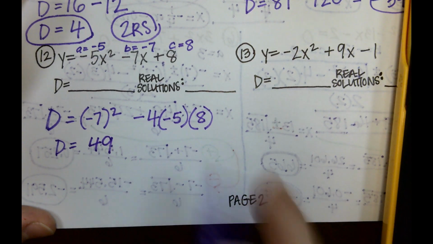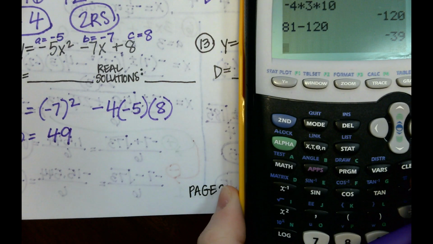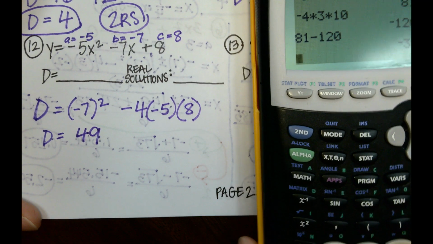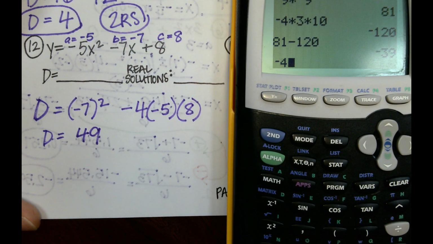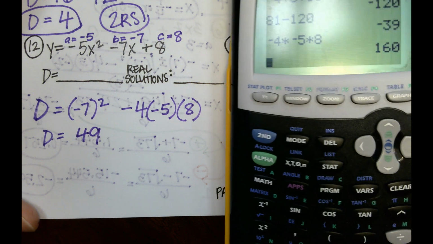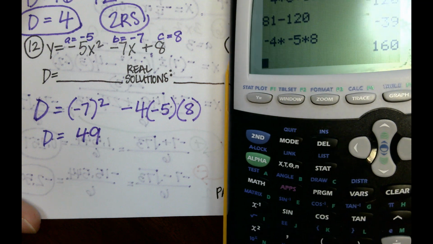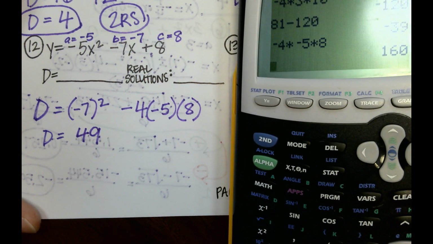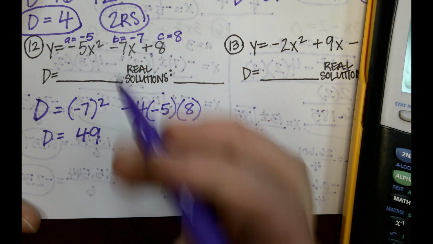Negative 4 times negative 5 times 8 is positive 160.